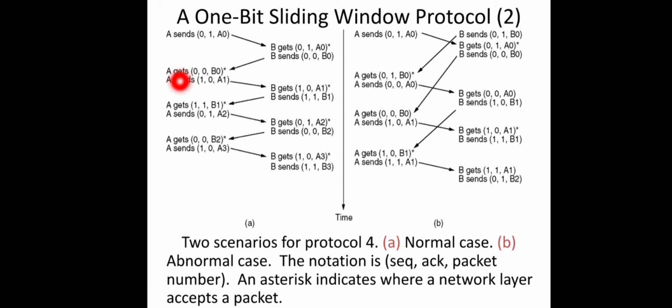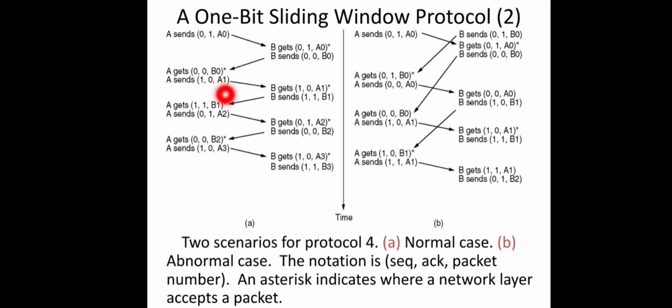Okay, and A gets this packet, that is, A gets the first packet from node B. This is the frame received. There is no issue, it will be handed over to the network layer of A. Now A sends a second frame. The second frame has sequence number 1. The acknowledgement says, I have received your first frame, that is frame 0 from you.